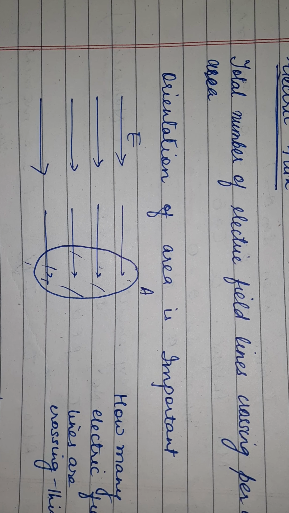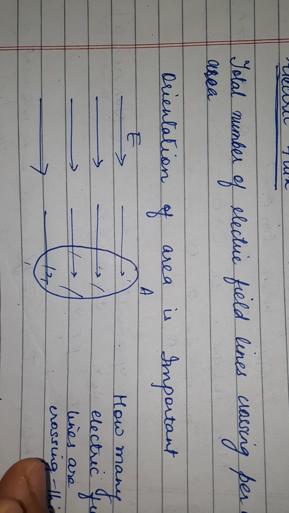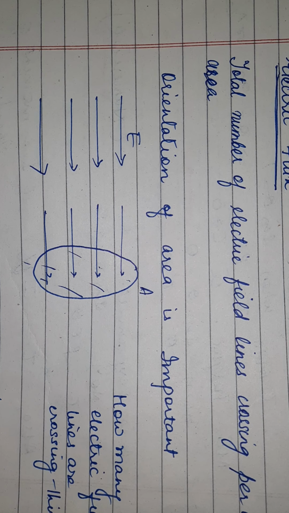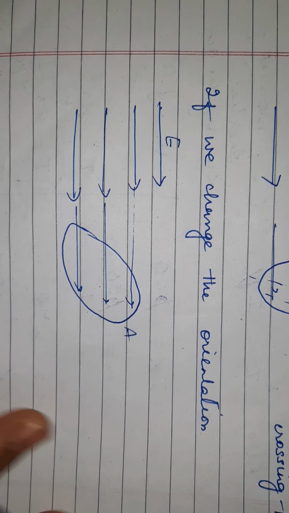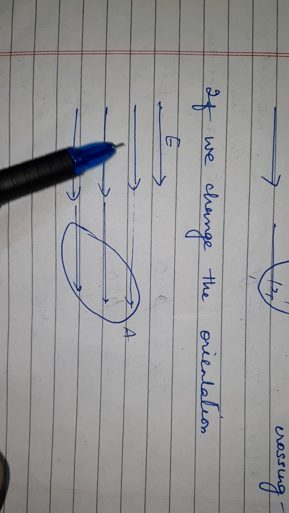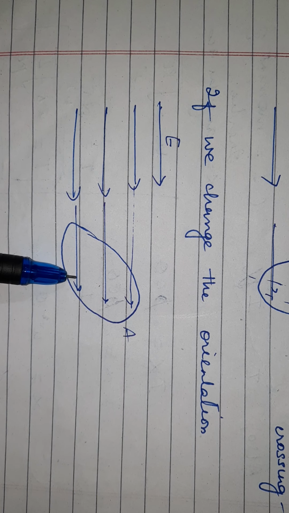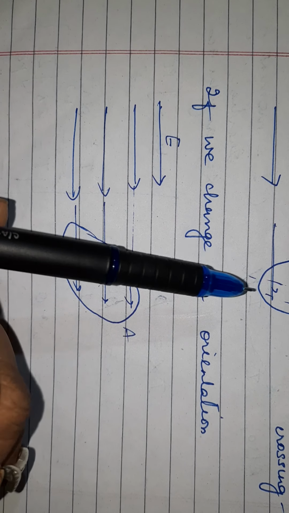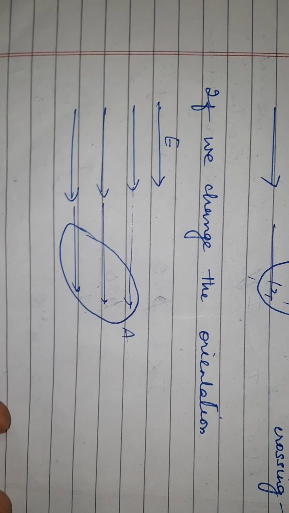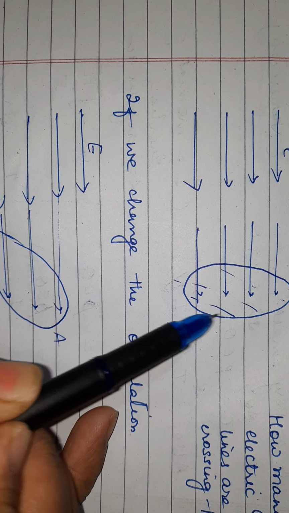Now if we change the position of the plate, that means if we change the orientation of the plate, let us see in the next figure. Here you can see only 3 electric lines are passing through this area. Earlier there were 4 electric field lines passing through this area when the orientation of the same plate was like this.